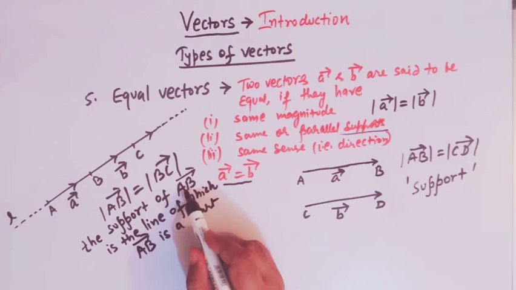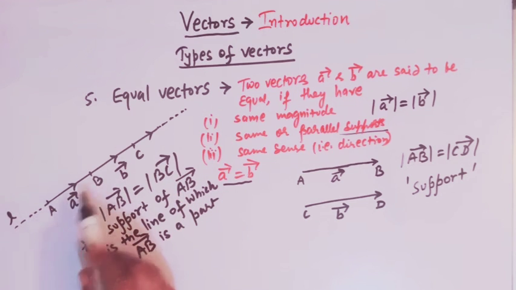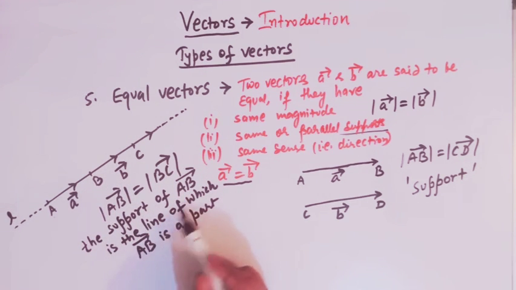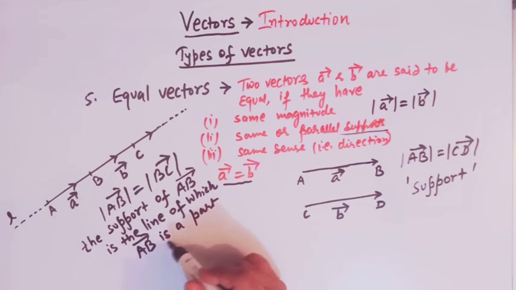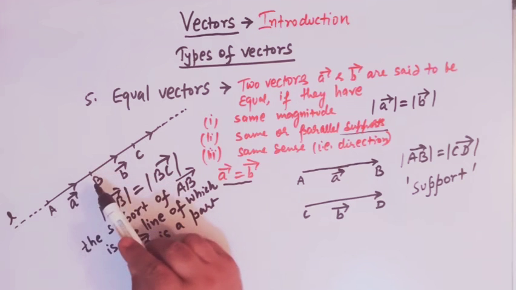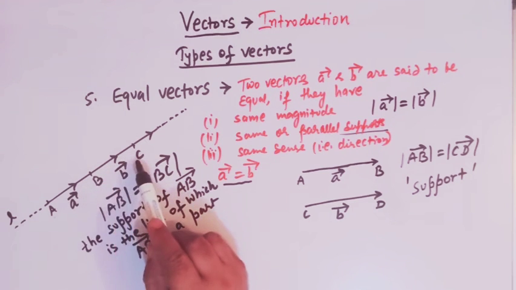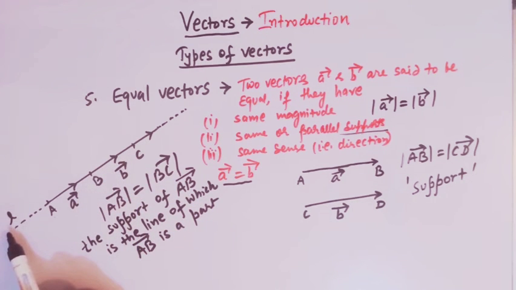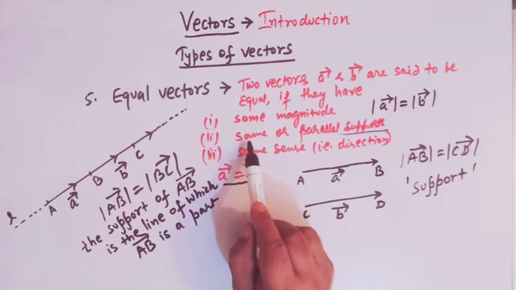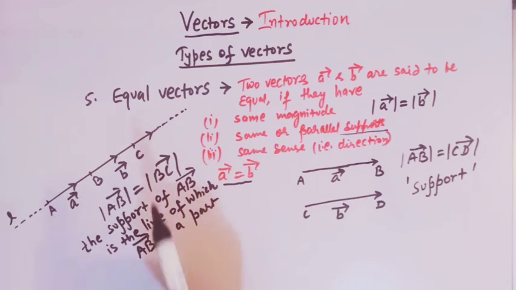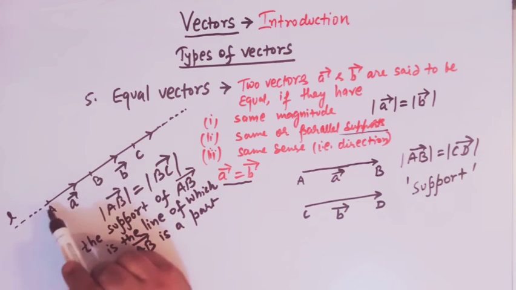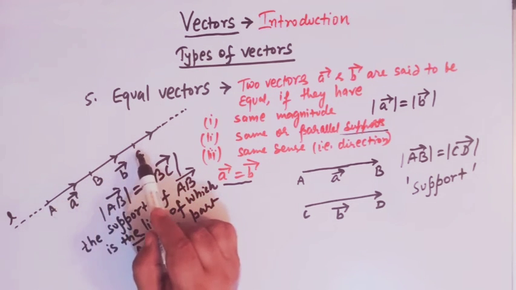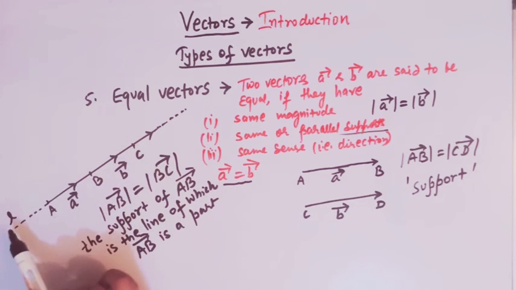Similarly, the support of vector BC is also the line L. So the same or parallel supports means that vector AB and vector BC, or we can say vector AC, have the same support as line L.